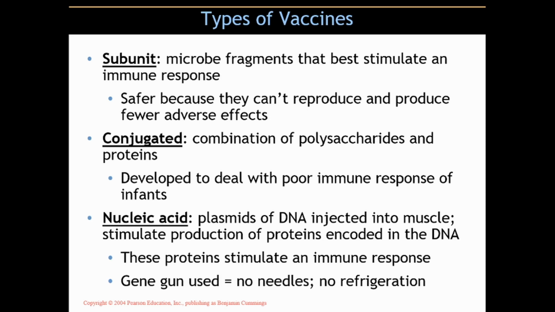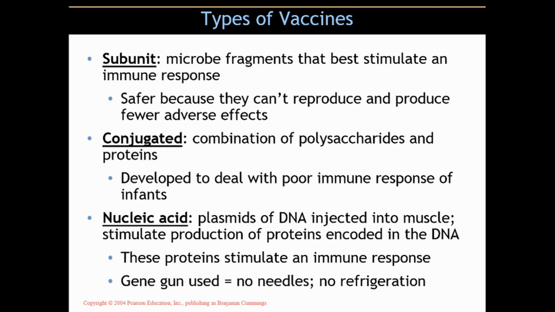The main reason why these conjugated vaccines were developed was to deal with the poor immune response of infants, because we want to get individuals immunized as early as possible, because the longer you wait, the more vulnerability there is. So you want to be able to administer the vaccines as early as possible, but not too early, because of course that could be detrimental to the infant.